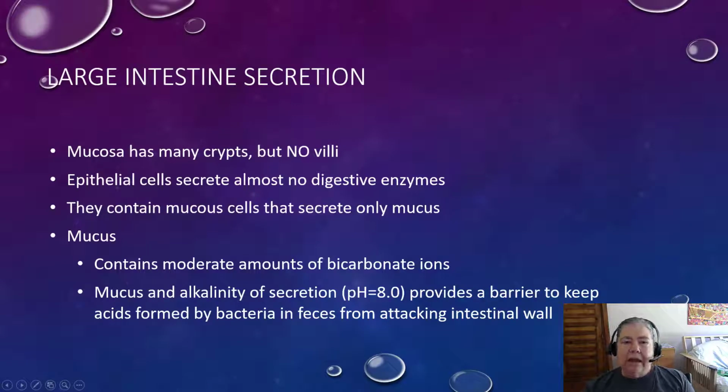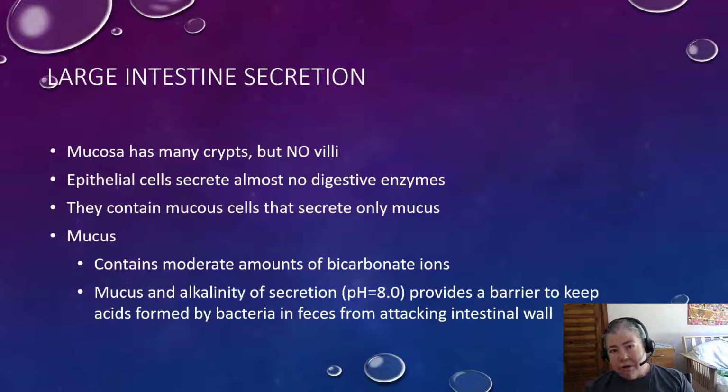Now, in the large intestine, there are no villi. Remember, there were villi in the small intestine, but there are no villi in the large intestine. There are lots of crypts. There is not significant secretion of digestive enzymes, so we're no longer digesting our material. There are cells that secrete mucus, which does two things.